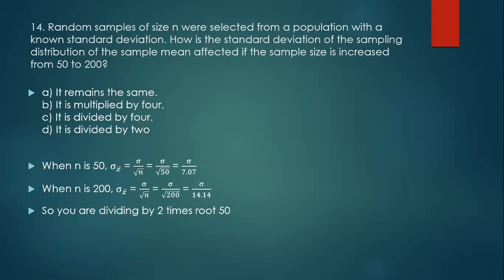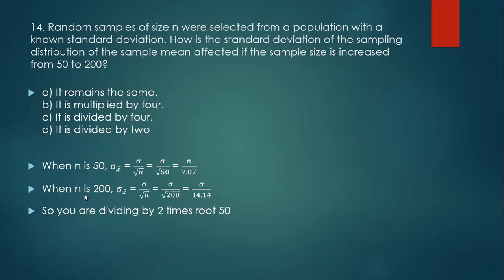So when we have a size of 50, the standard deviation of the sampling distribution is going to be the population standard deviation divided by 7.07. Okay?